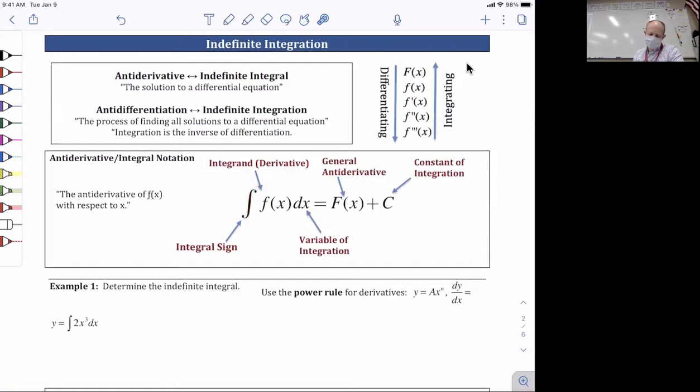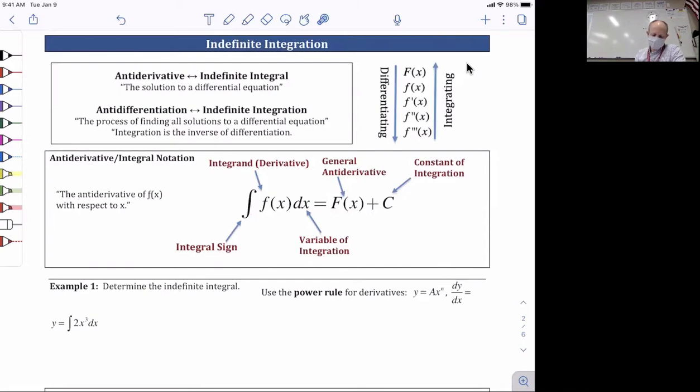We call the part that we're finding the antiderivative for the integrand, and we know this as being the derivative of some other function. And then dx is your variable of integration. Okay, so with respect to. And the solution that comes out, you have your general antiderivative plus your constant of integration forms the entire indefinite integral.